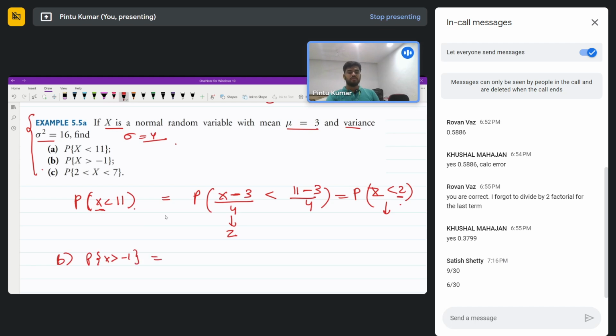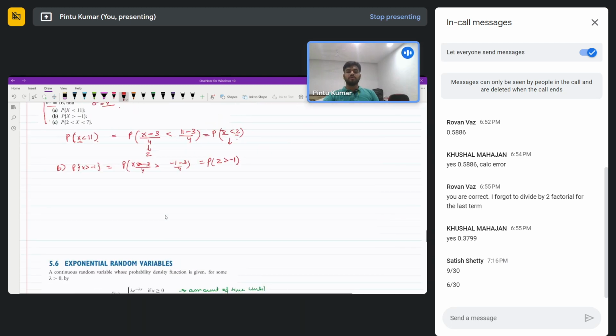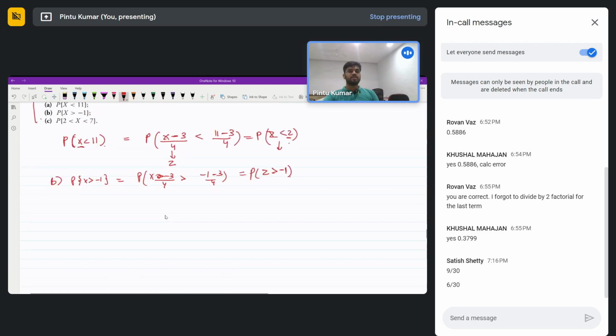Again, you can just replace: x minus 3 by 4 is greater than or equal to -1 minus 3 by 4, which would mean the probability that z is greater than or equal to -1. Similarly, you can attempt other questions also. Any doubt till this point? Then we go to something known as exponential random variables.